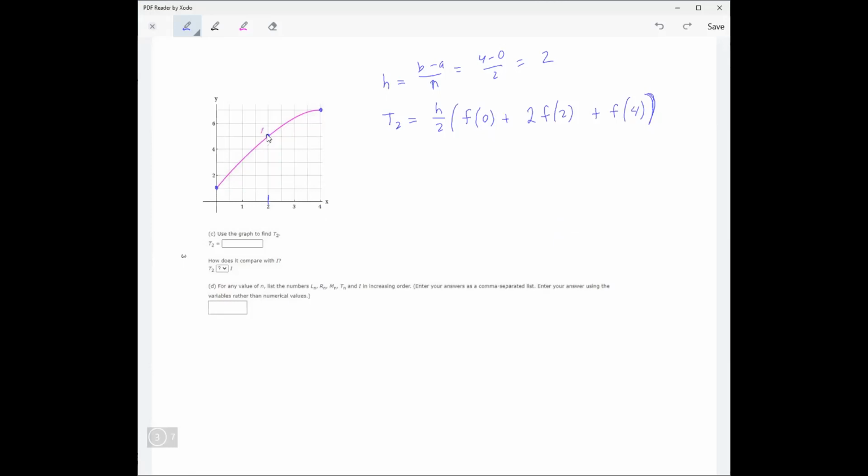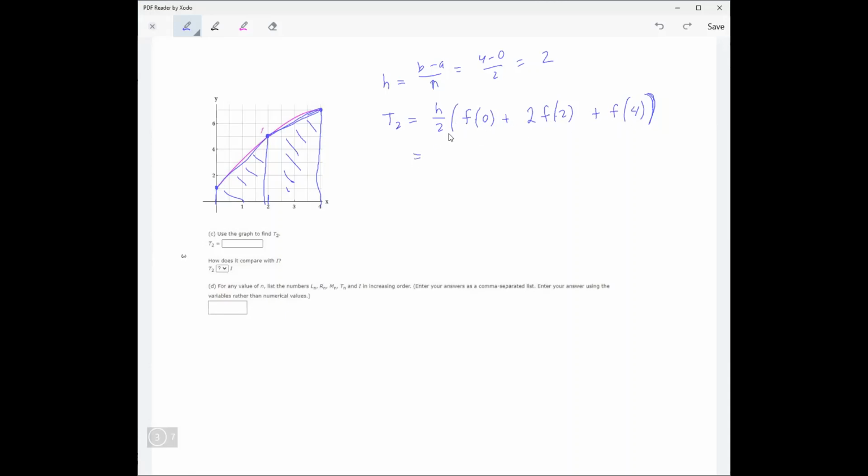Basically we're going for that trapezoid plus the area of this trapezoid. The area of this trapezoid is h over 2 times f1 plus f2. The area of this trapezoid is h over 2 times f2 plus f4. So f of 2 plus f of 4.